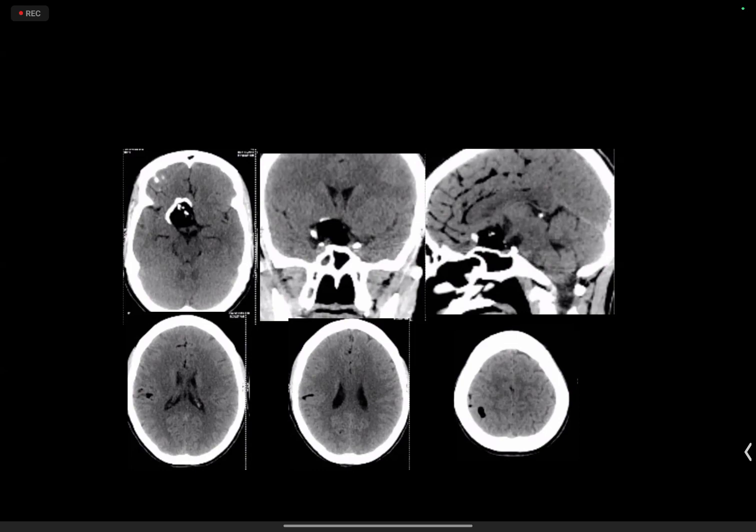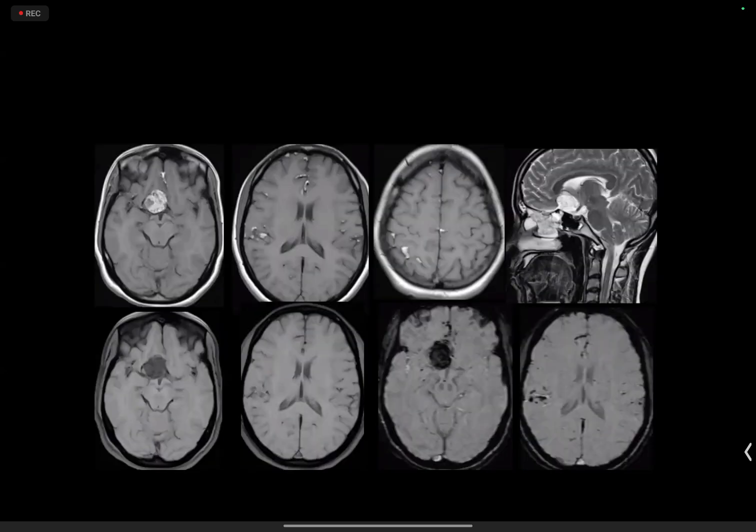So this would be a dermoid, a suprasellar dermoid with rupture. And describe the MRI findings, please.